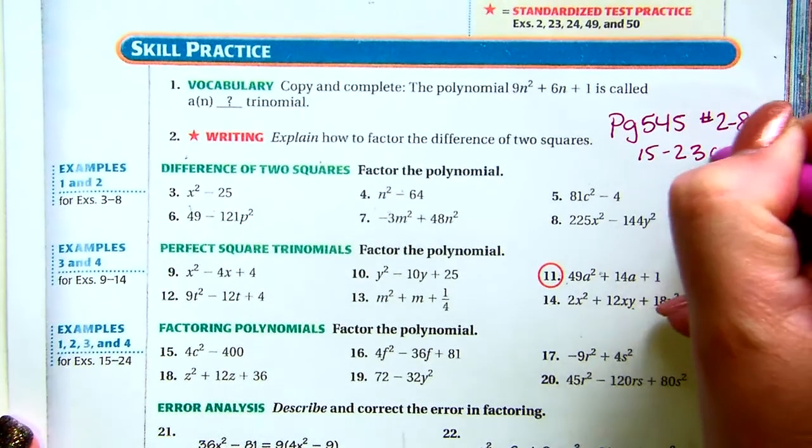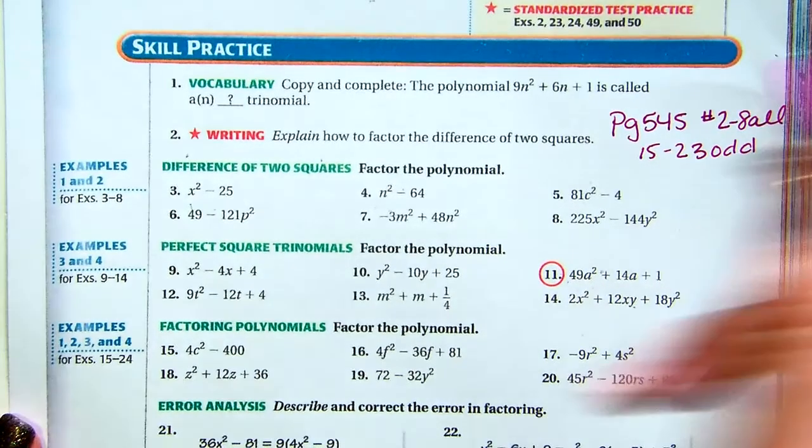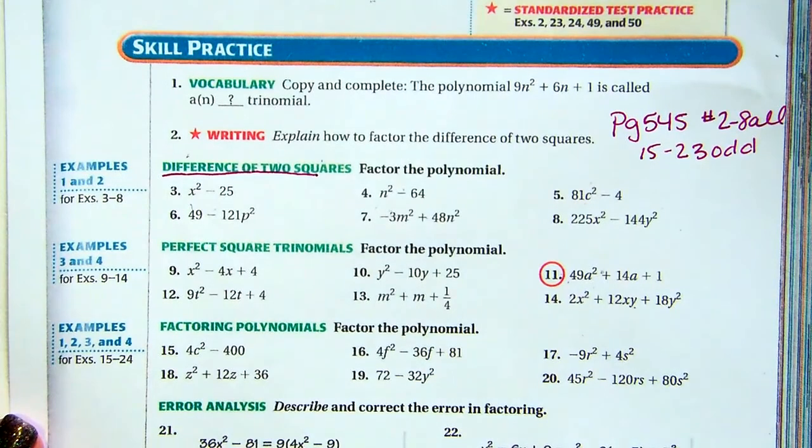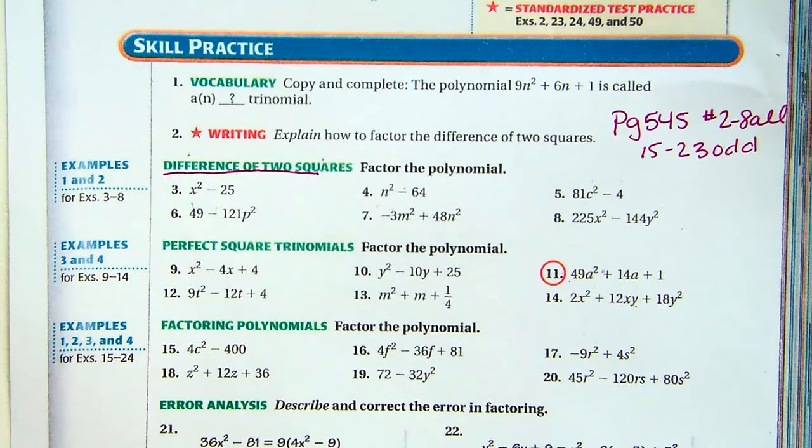Okay. Here, once again, our focus is on the difference of two squares. We're taking a look at this. For this assignment, I've given you a copy of this page in the packet that was sent home. If you have your textbook, I would also recommend utilizing that. Please do this assignment on a separate sheet of paper.